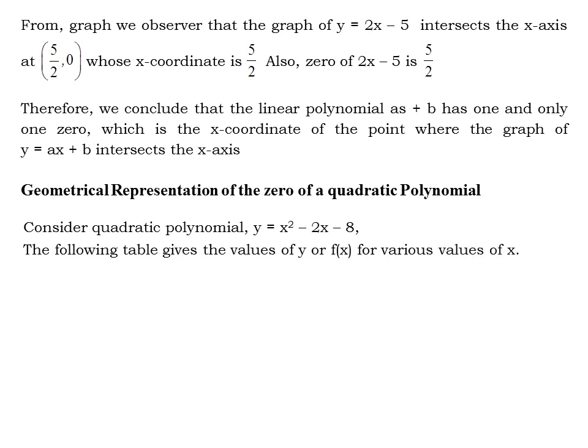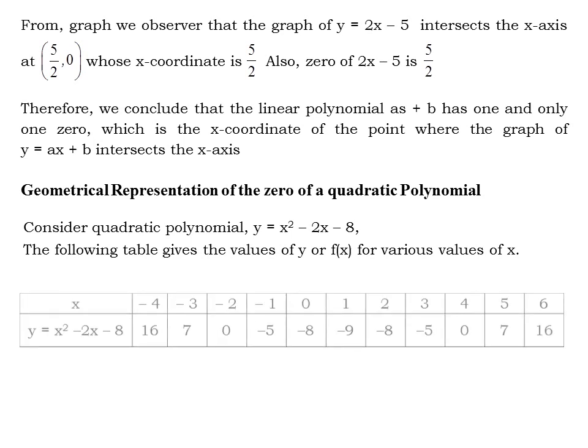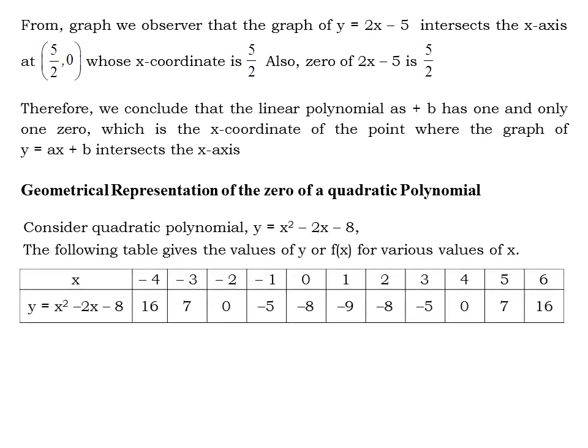Again we have to create a table like the one for the previous question, but here we need more points because it's a quadratic polynomial. So after putting different values of x, you will find different values of y. Now again, on plotting these points on a graph.